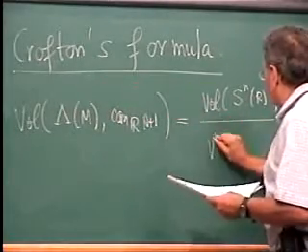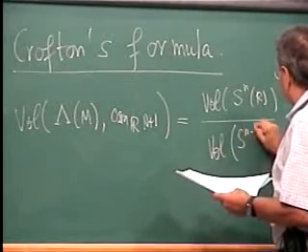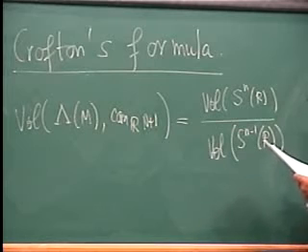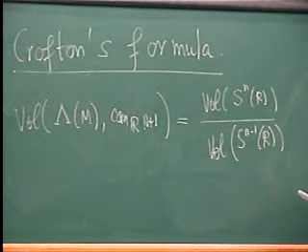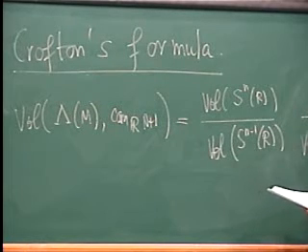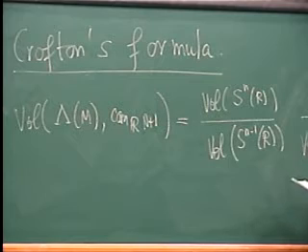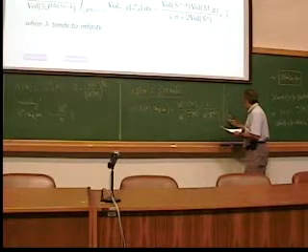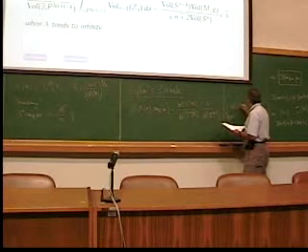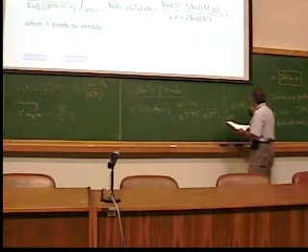Here you have the volume of the n-1 sphere. You have 1 over the volume of the real projective space, and that's the integral over the projective space of the volume of lambda of M intersected by a hyperplane.